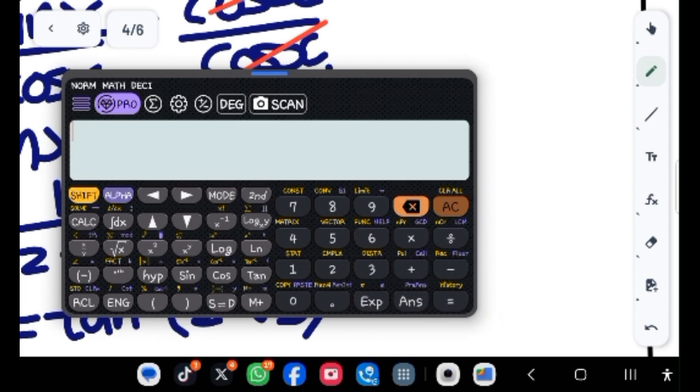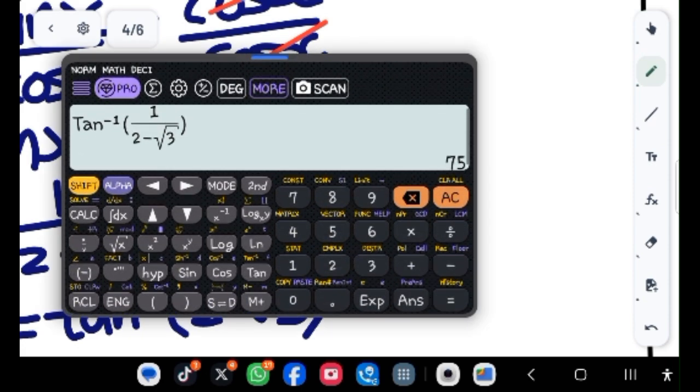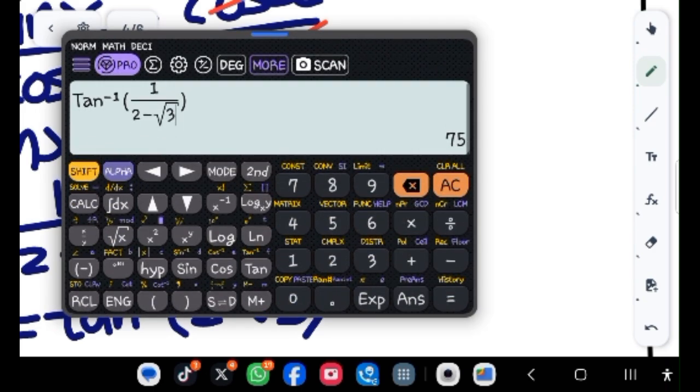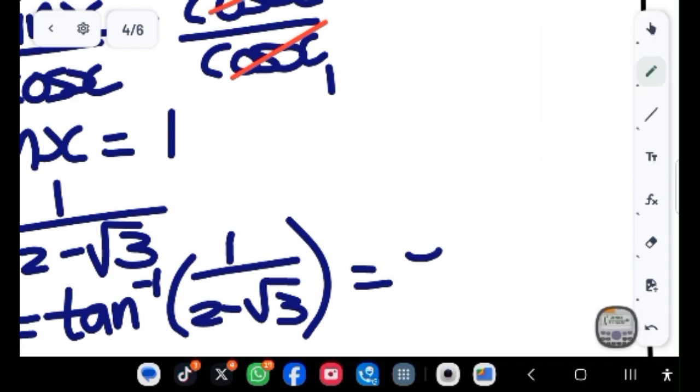So we go shift tan, common fraction button, 1 over 2 minus root 3, and that gives us 75 degrees. There is the 75 degrees. That is our reference angle.